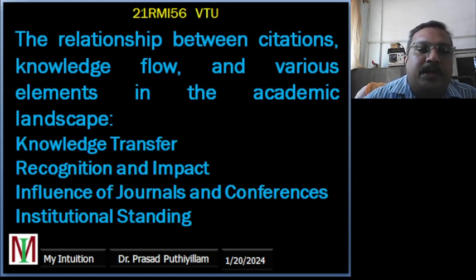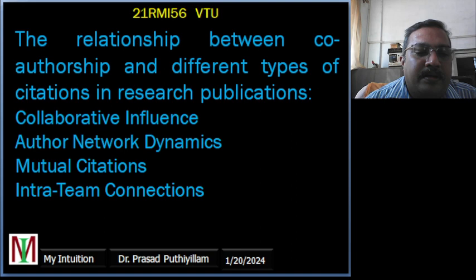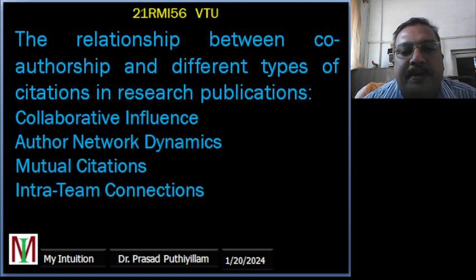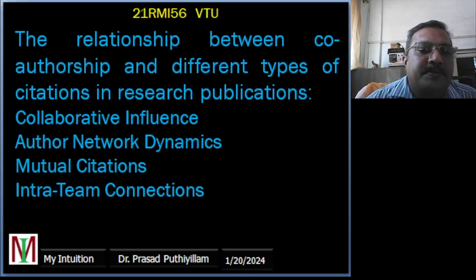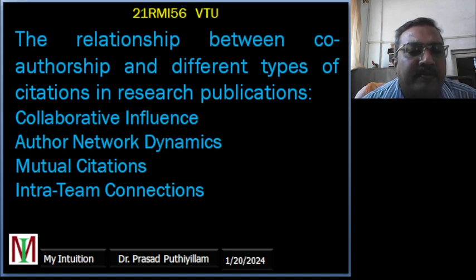Okay, now the next topic: the relationship between co-authorship and different types of citations in research publications. Collaborative influence, author network dynamics, mutual citations, and intra-team connections are the main important points under this topic.